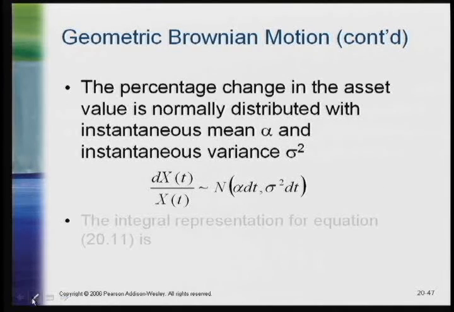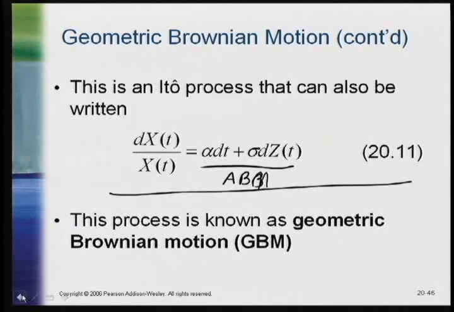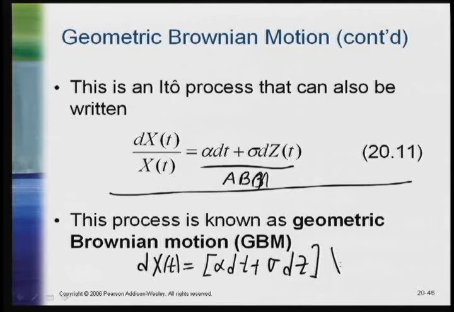And just to be clear, to make sure that that point is clear, we can also say that the change in x is equal to alpha dt plus sigma dz times x.